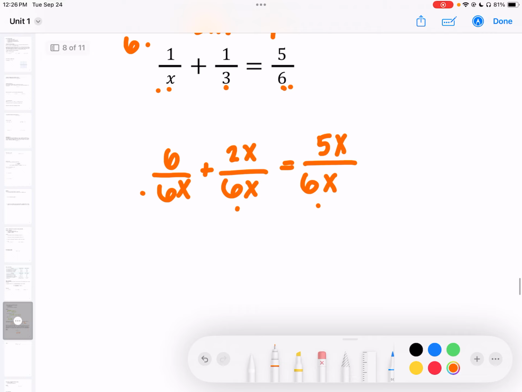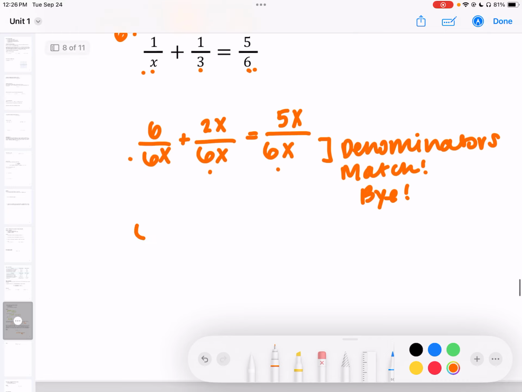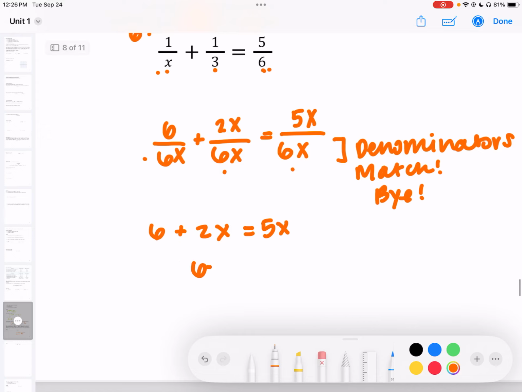Okay. When my denominators match, I can get rid of them, which is great. We'll just say bye to those guys and solve the equation without a denominator. We are going to find that x is equal to 2.